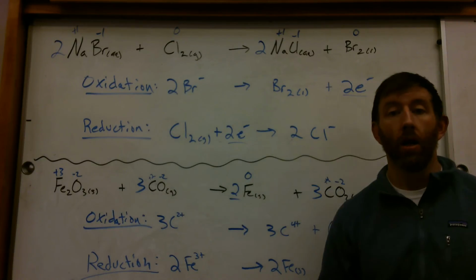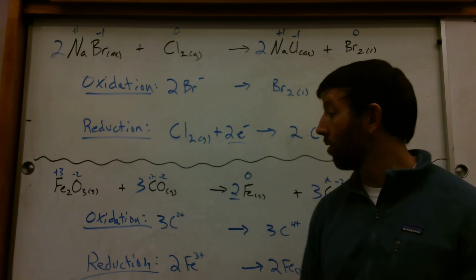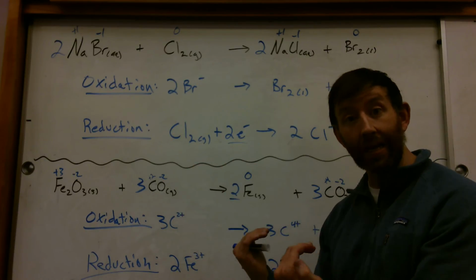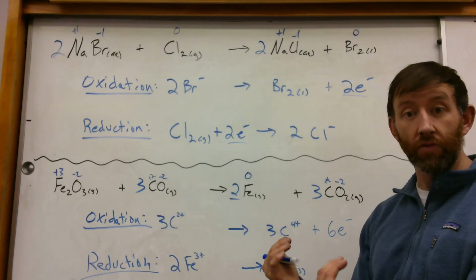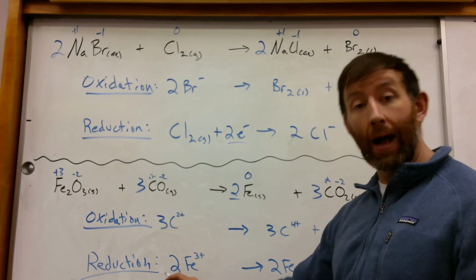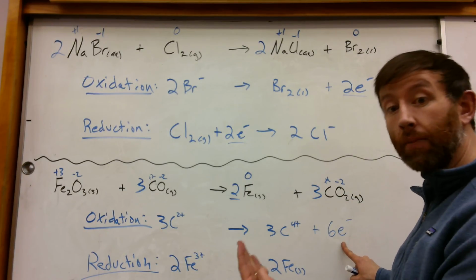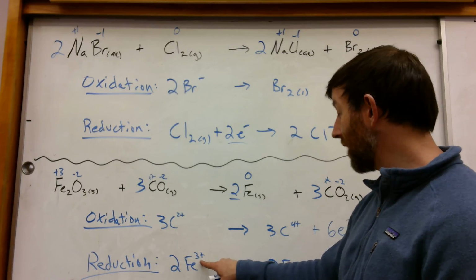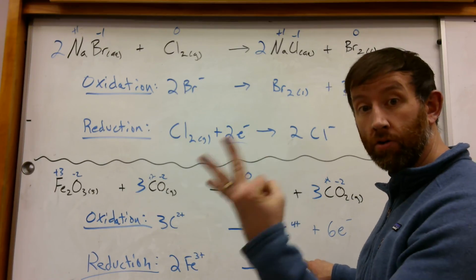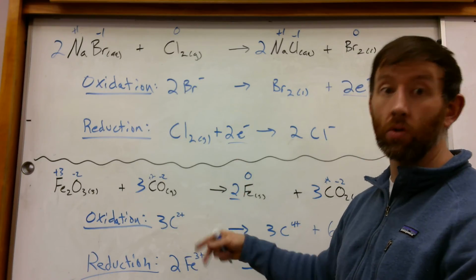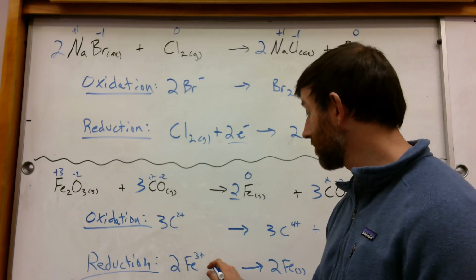All right, so in order to make that happen, what had to occur? It had to gain electrons. That's what happens during the reduction. So how many electrons is it? It should be the same as this number, but let's double check. I've got a change in oxidation of 3, and my coefficient is 2. What's 3 times 2? 6 electrons.